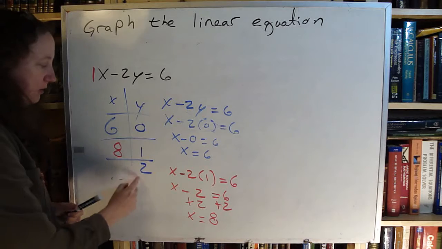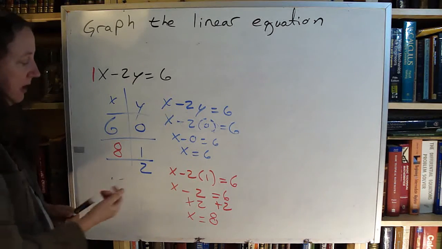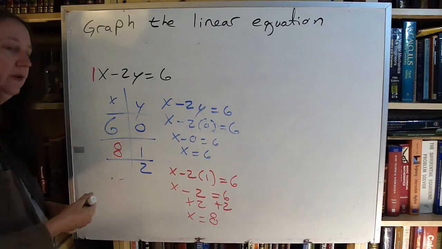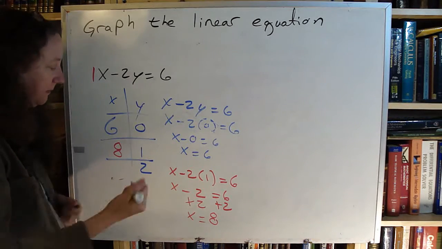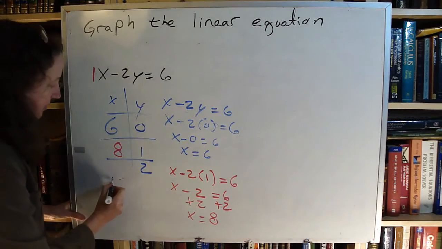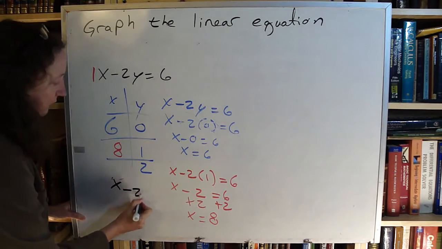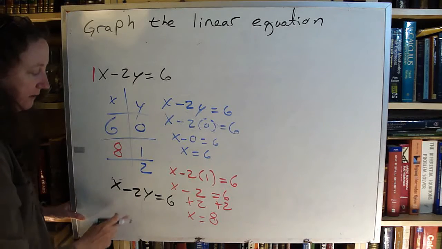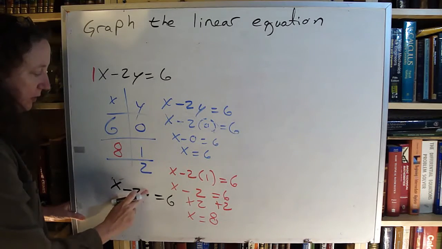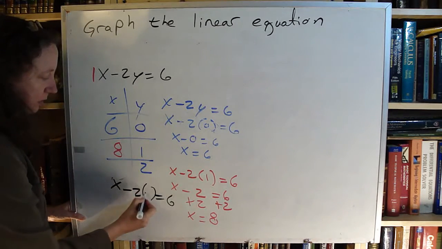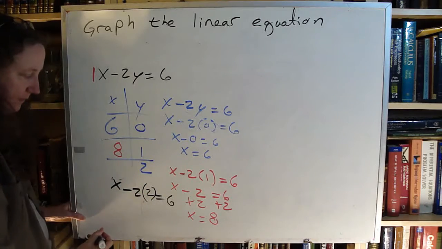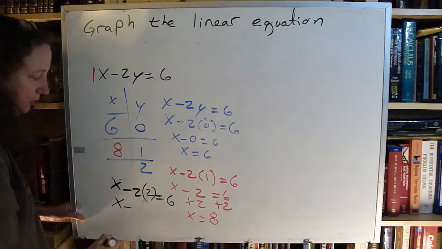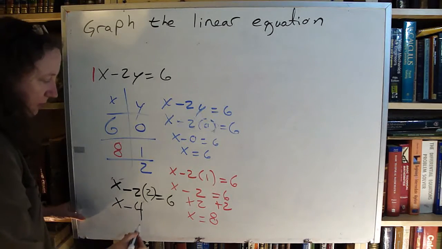And I wanted a third point just because, and I chose 2 because why not? It's another easy number to multiply by. So I have my equation, x minus 2y equals 6. I'm going to take this y out of here, and I'm going to replace it with the 2. So I have x minus 2 times 2 is 4.